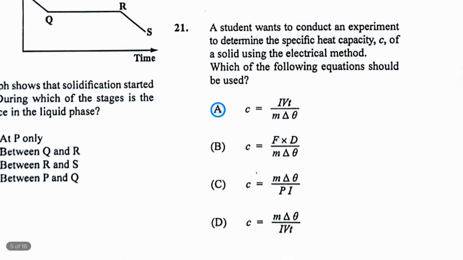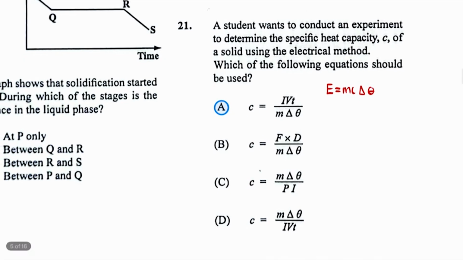21. A student wants to conduct an experiment to determine the specific heat capacity C of a solid using the electrical method. Which of the following equations should be used? So in this particular question, I'm going to recall a good bit of formulas. First one I'm going to use is E = mcΔθ. Why? Because this formula has specific heat capacity in it.